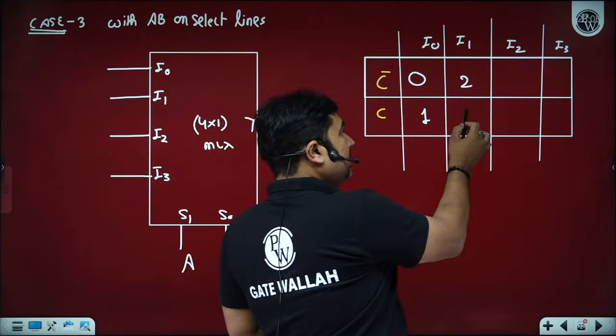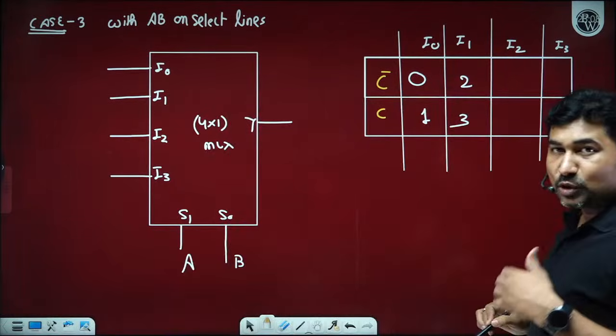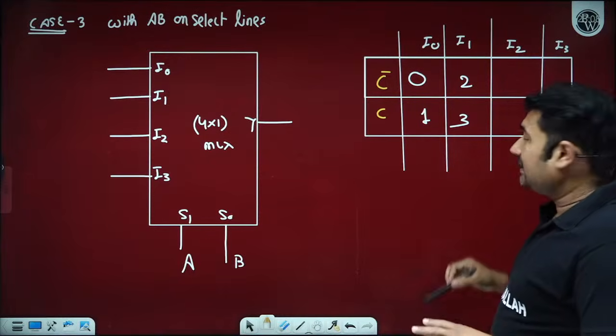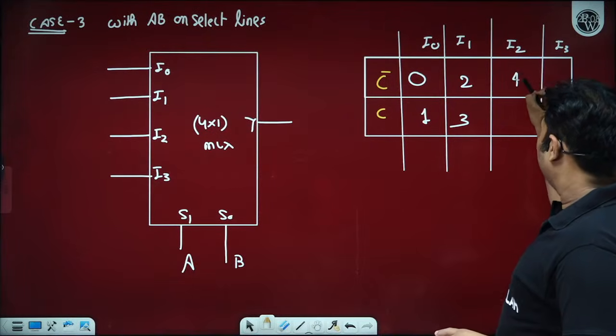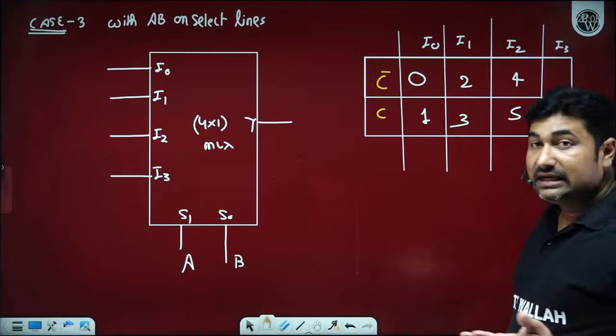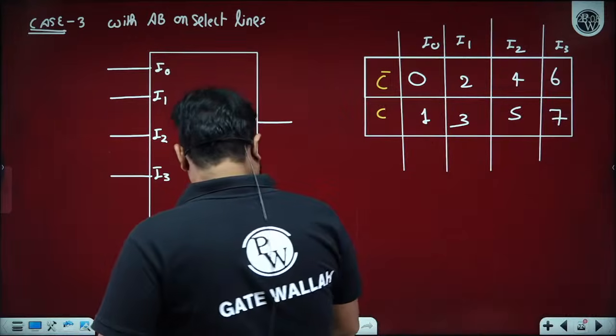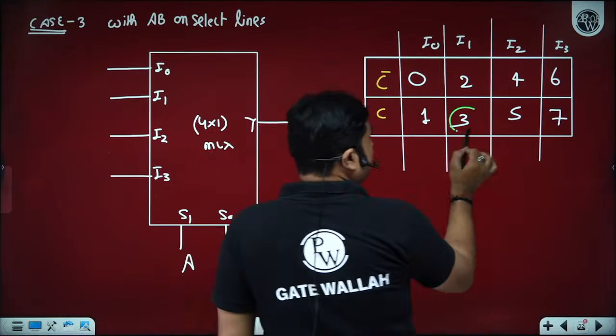Min term of 3, A bar, B, C. So those min terms in which we are getting C bar are in front of C bar, and those min terms in which we are getting C are in front of C. Is it okay? Now circle all the min terms and inspect each column separately.